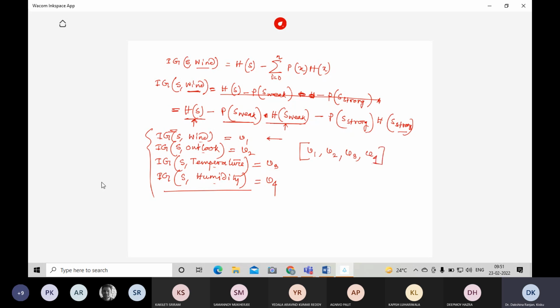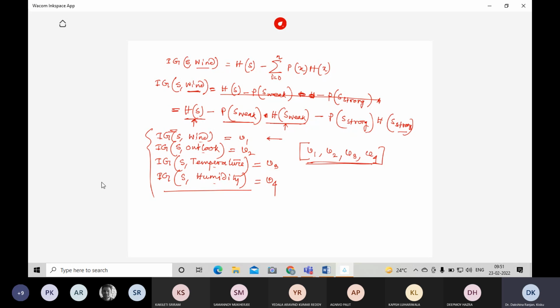Here we have four values. Among these four values, one feature out of wind, outlook, temperature, and humidity will give us the maximum information gain. The feature which has the maximum information gain will be selected as the root node of the decision tree. This is the basic step that we have to determine.